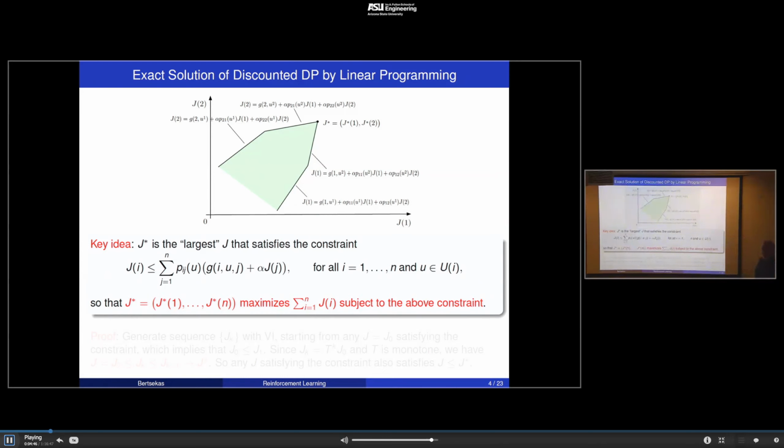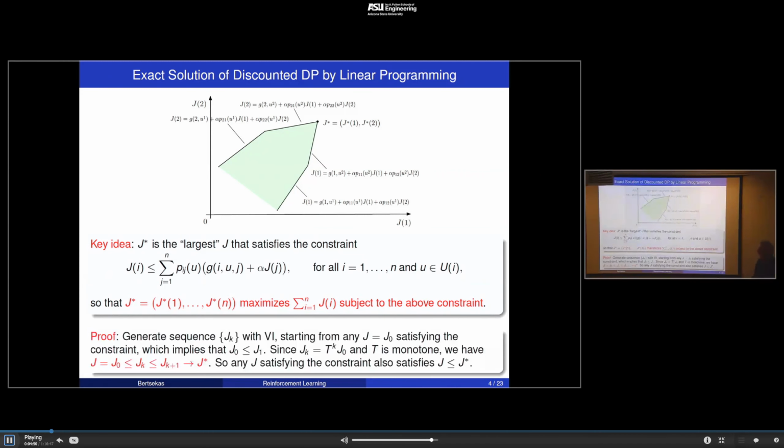Okay. So how do we prove that? It's two lines. We take any point J in here, and we apply value iteration to it. We start value iteration from that point, okay? And I claim that value iteration is going to stay within this green polyhedron and go to J star. Why is that? Well, if J satisfies this inequality, what does this mean?